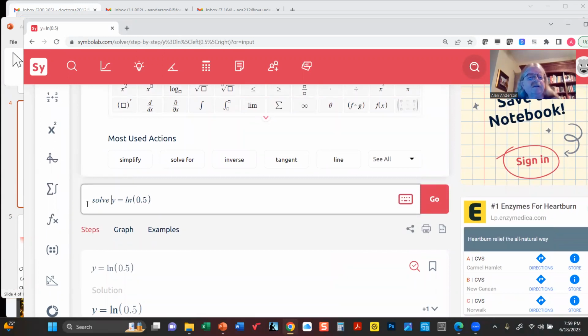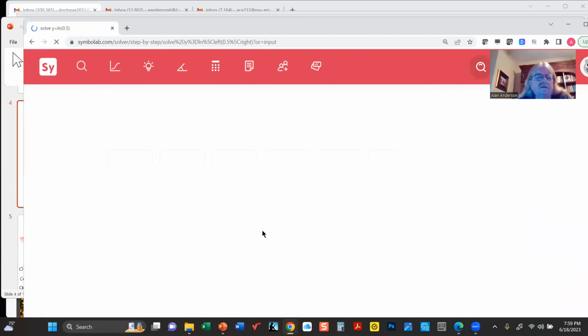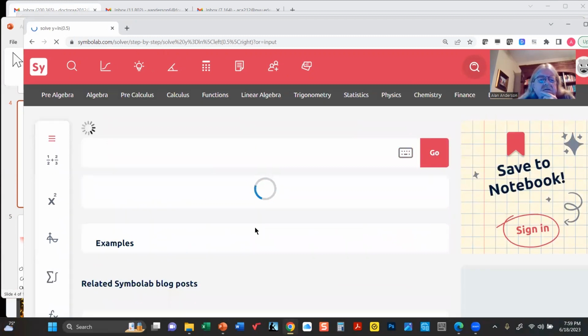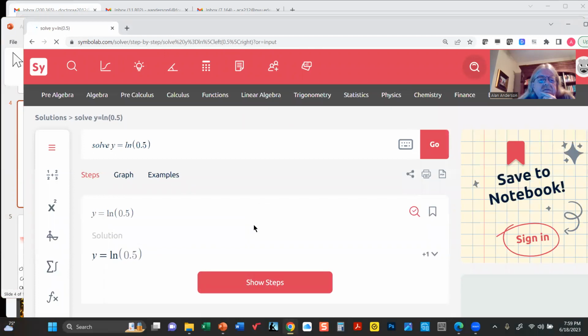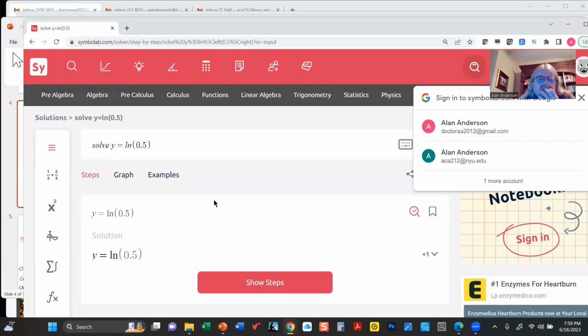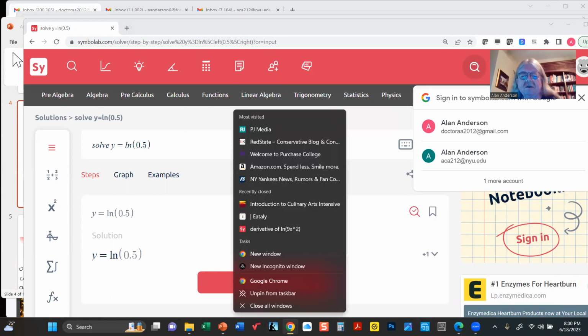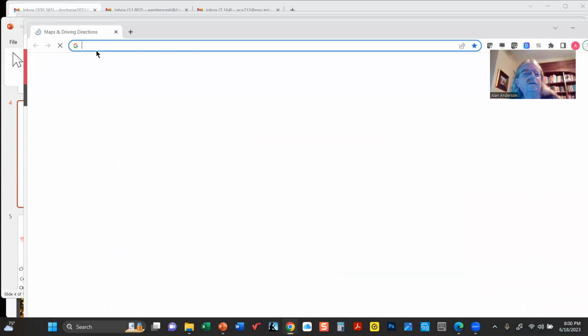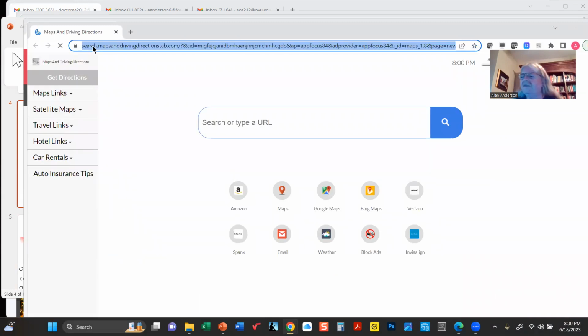I wonder if I have to write solve or something like that. No, it doesn't seem to understand what I want. Well, I'm finding that Symbolab is fun, but it does have some problems. There might be a way to get around this. It's really annoying. On any decent calculator, you won't have any problems with this.